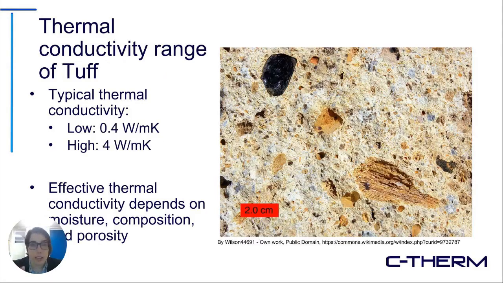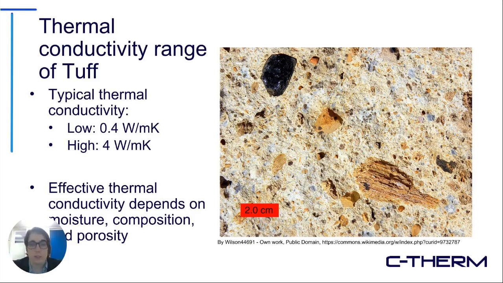The final sample type that we'll highlight here is volcanic tuff. In this case, the typical thermal conductivity range again spans a full order of magnitude, from a low of around 0.4 watt per meter Kelvin to a high of around 4 watt per meter Kelvin.